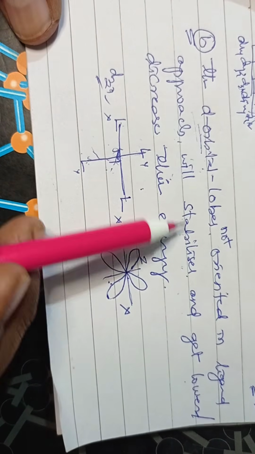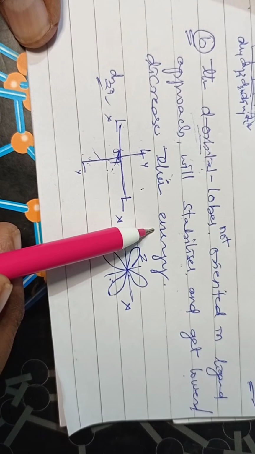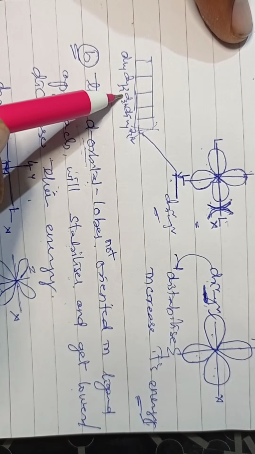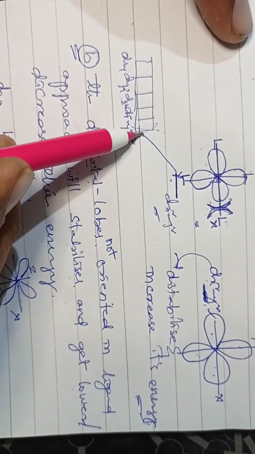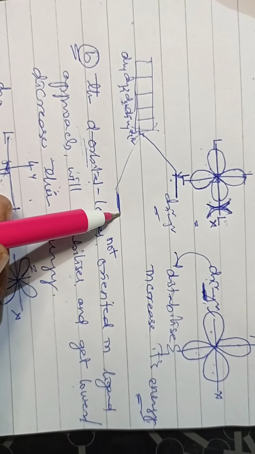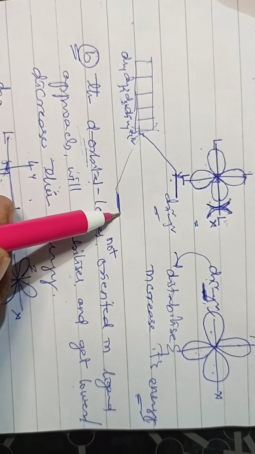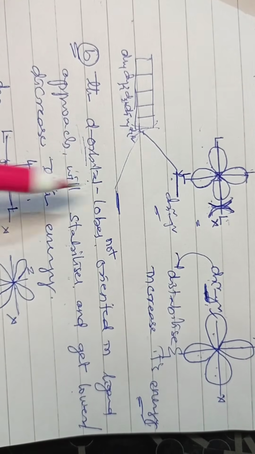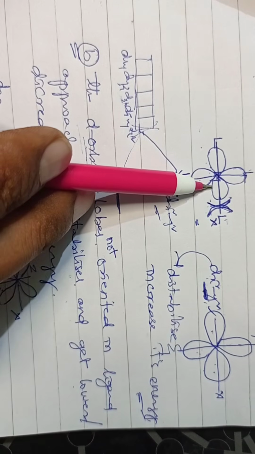When they get stabilized, they lower their energy, right? So here the dzx orbital will lower its energy, the same as in the case of ligand approach.